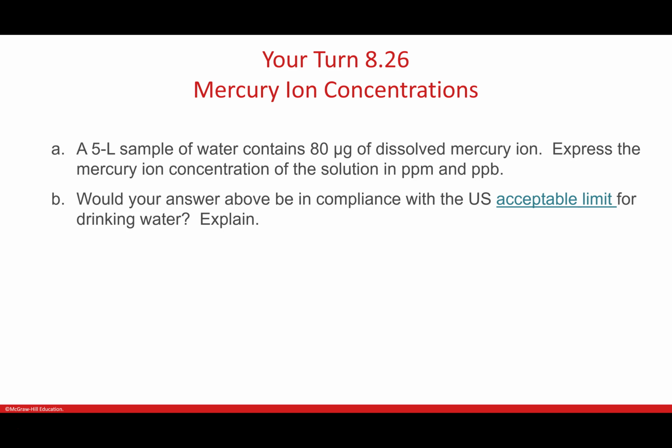80 divided by what? I don't think so. She said we're going to do 80 micrograms divided by 5 liters. Oh, wait a minute. What will that give us? Parts per million or parts per billion? Parts per billion. I'm liking that.